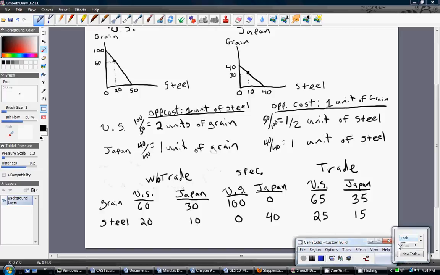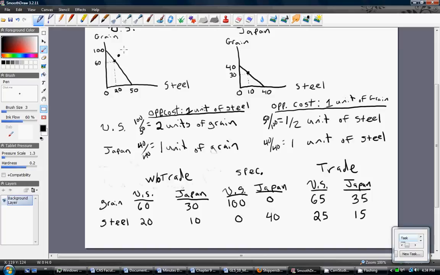Let's examine these trade numbers here at the end. With trade, the United States is consuming 65 units of grain and 25 units of steel. What's interesting about that point is that it's going to be a point outside the United States production possibilities frontier. With trade, a country can consume beyond its PPF.